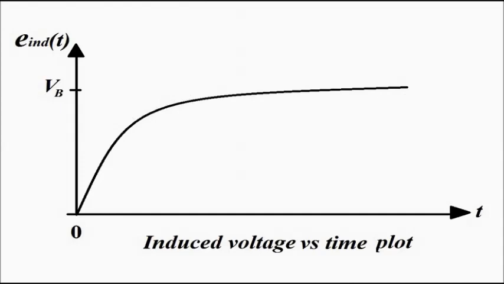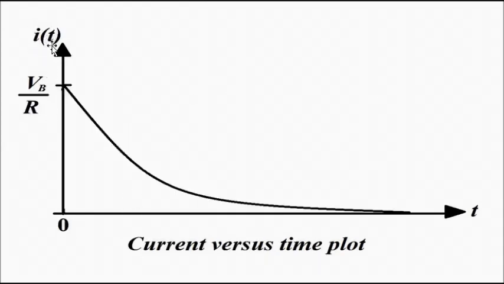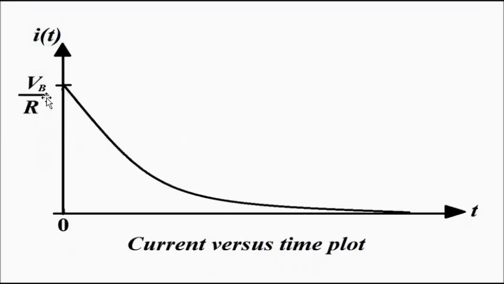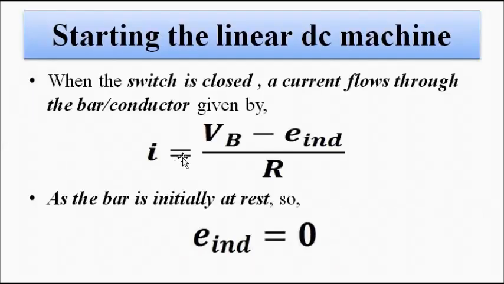Then the next parameter is the current with respect to time. Here it follows the opposite thing. In all the others it goes from minimum to maximum, but here it goes from maximum to minimum. At start, because the induced voltage was 0, if we put E as 0 in this equation, the initial current was VB by R, the maximum.